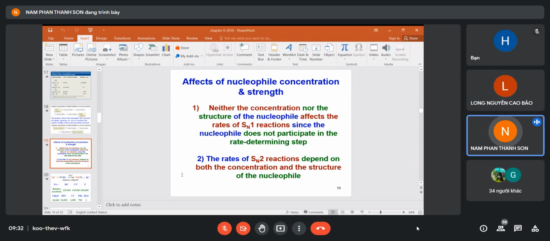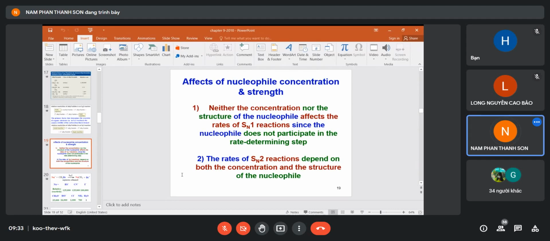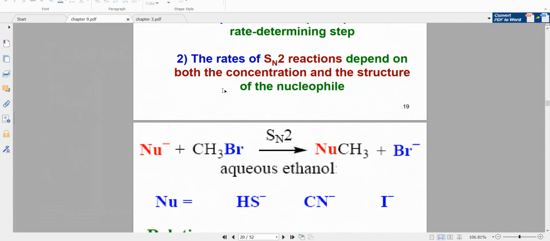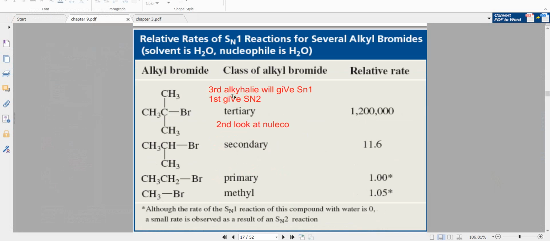Everyone, take note. For secondary alkyl halides, we need to look at the nucleophile, I mean the negative attacker.